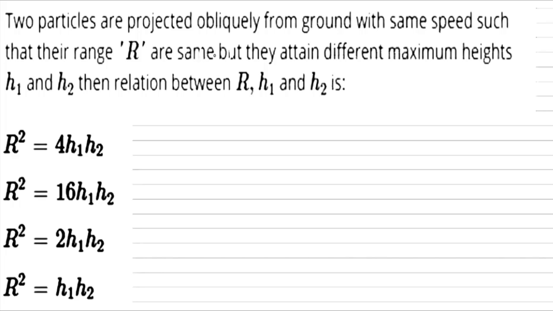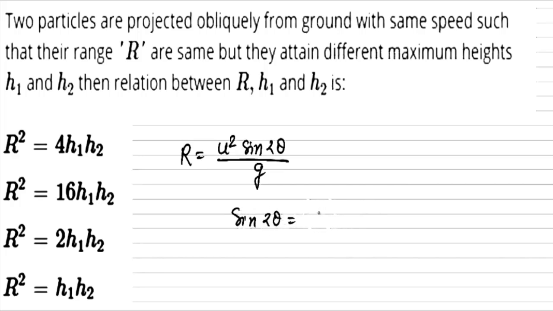So we know that if the speed is the same, then for two angles the range can be the same if the sum of the angles of projection is 90 degrees. For example, if I write R = u² sin 2θ / g, you can see sin 2θ is equal to sin(π − 2θ).